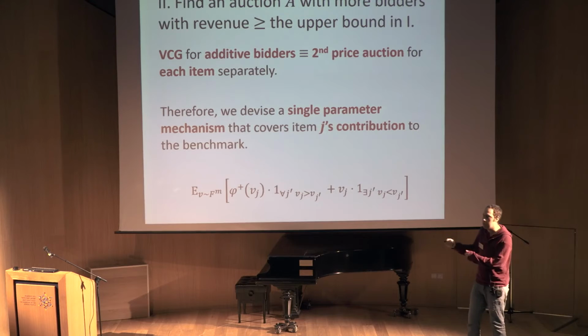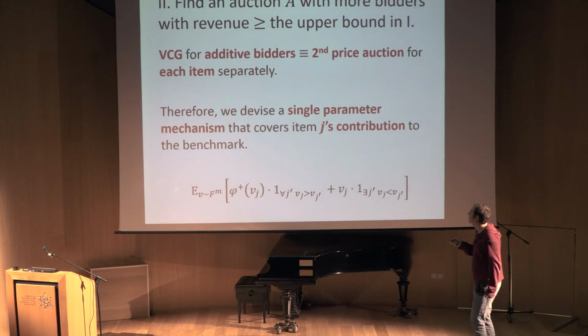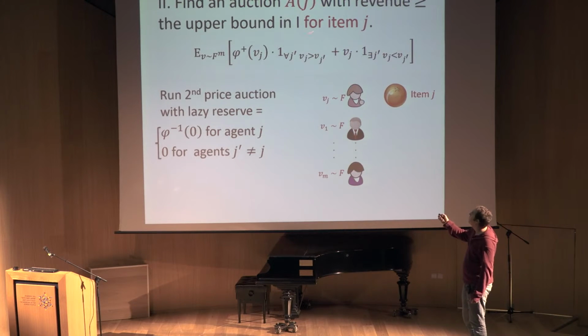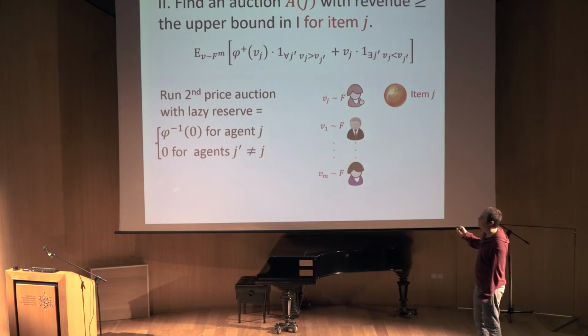Because afterwards, we use only the second price on item J to cover this auction. So what's J's contribution? We get rid of the sum and take only J here. And here's the new objective.